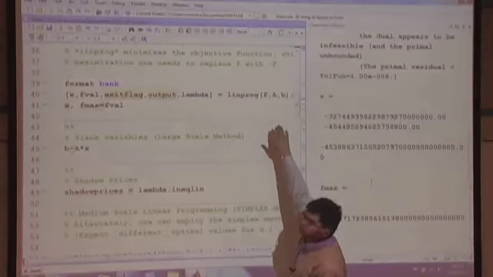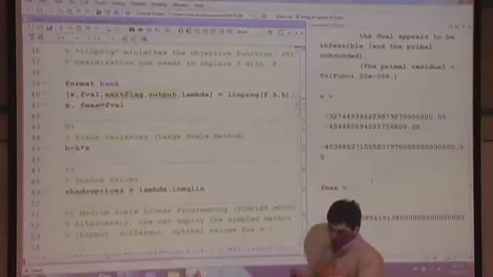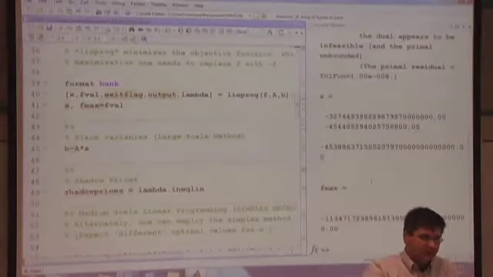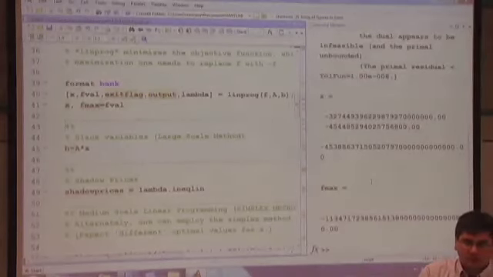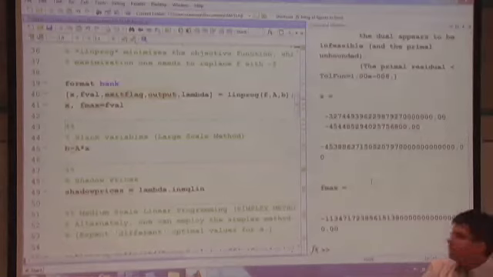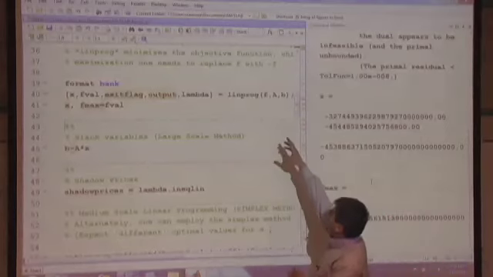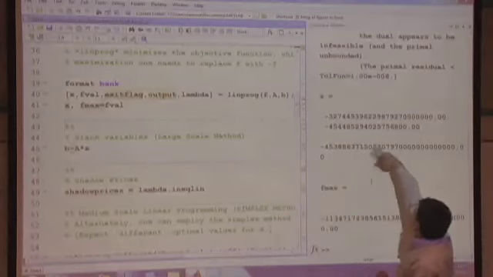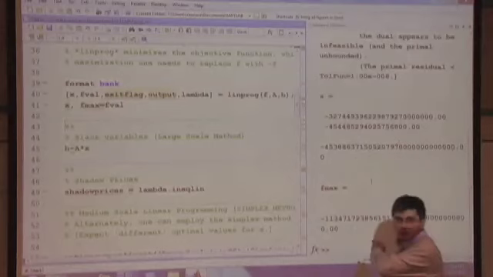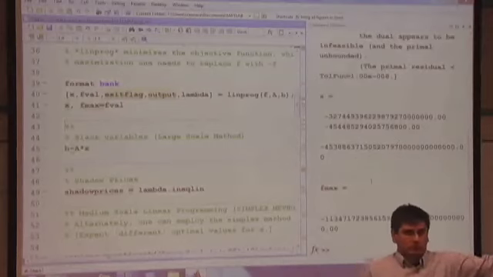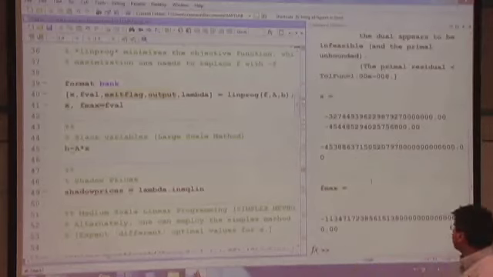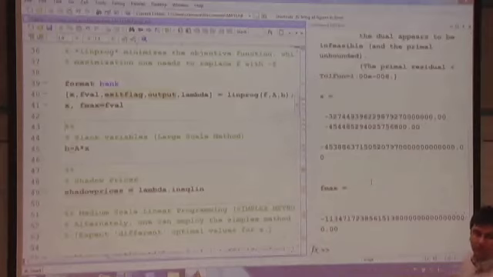By the way, I didn't say that x1, x2, x3 has to be positive. Because I didn't restrict x1, x2, x3 to be positive, you see what happens here. It actually goes to negative values, and it doesn't find a minimum.